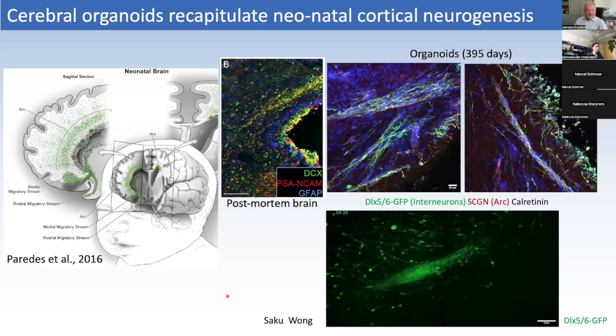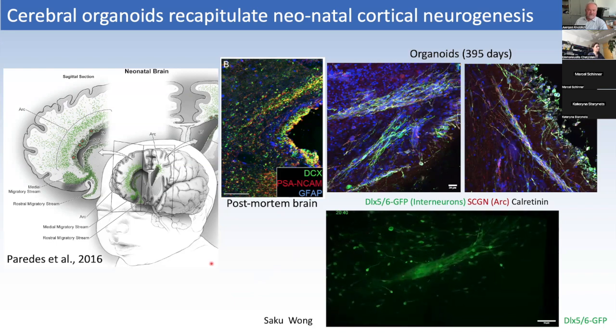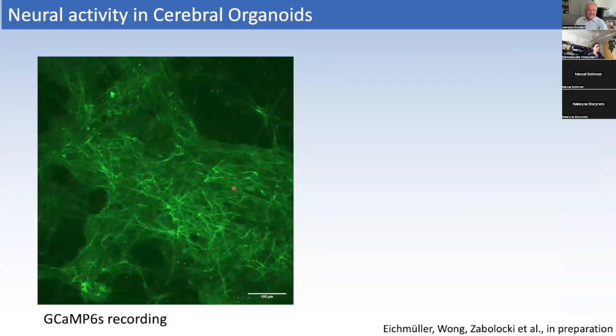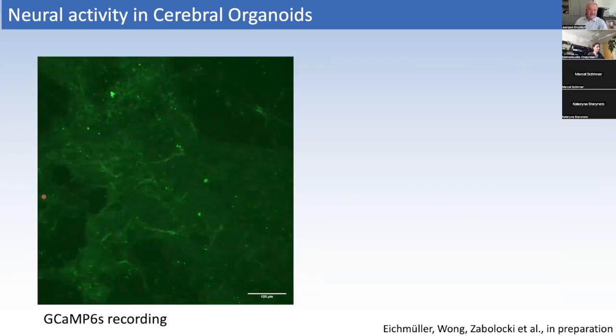But actually, what our brain does is fire action potentials. It has neural activity. And what I wanted to show you on the next couple of slides is that we can also use organoids to study neural network activity. So this is a movie of an organoid expressing GCaMP, a calcium indicator. Whenever the cells flash, they are active.